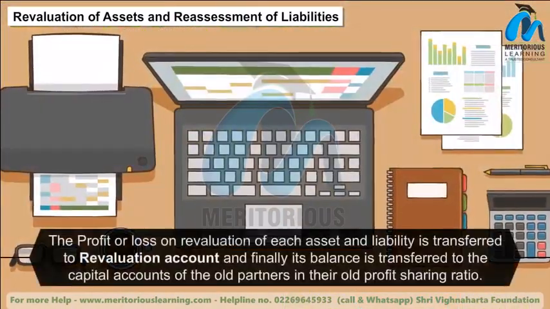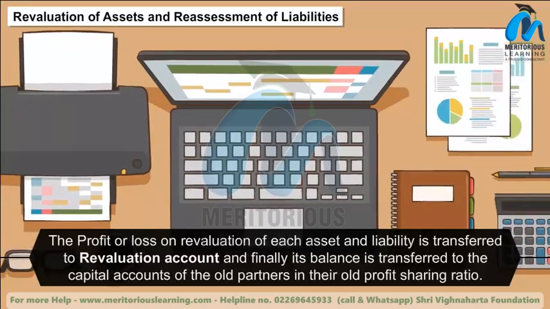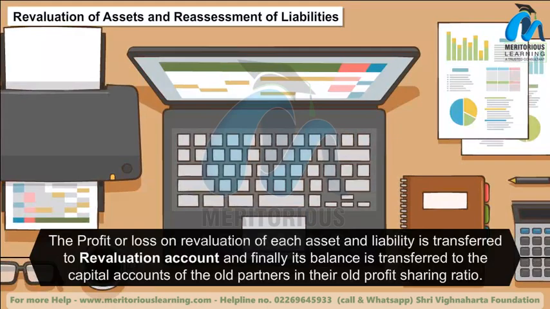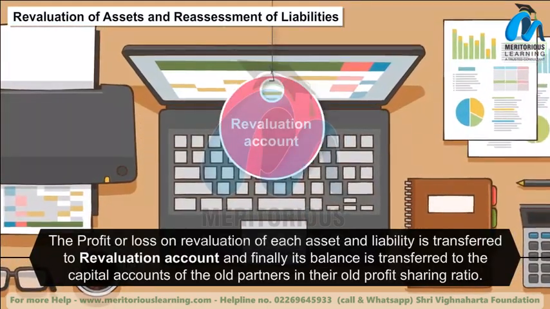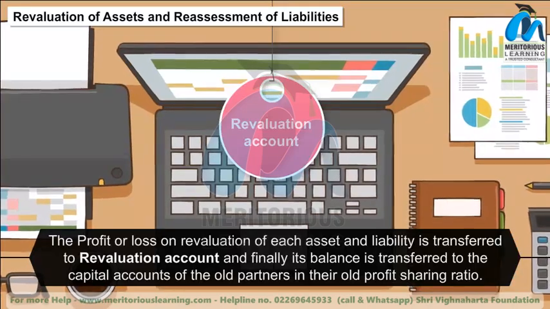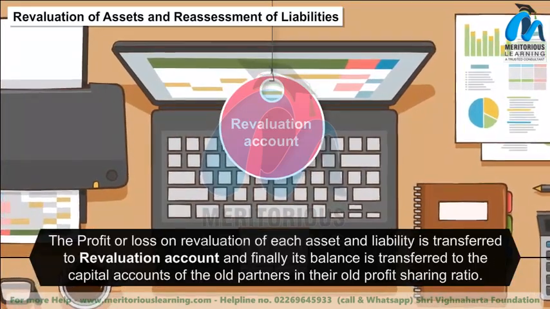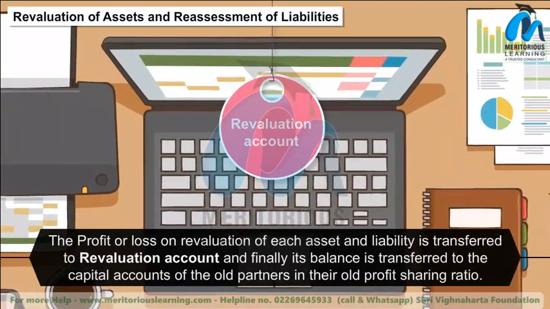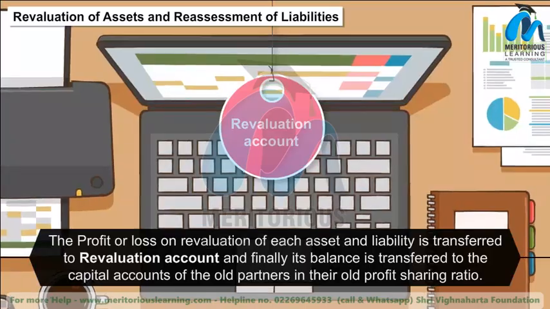The profit or loss on revaluation of each asset and liability is transferred to revaluation account, and finally its balance is transferred to the capital accounts of the old partners in their old profit-sharing ratio.